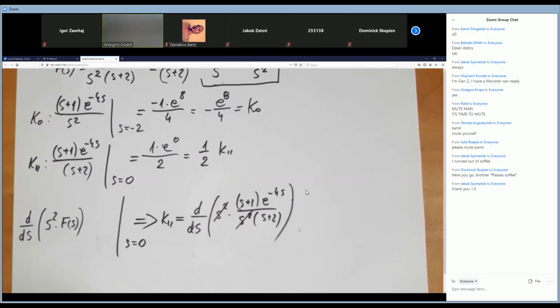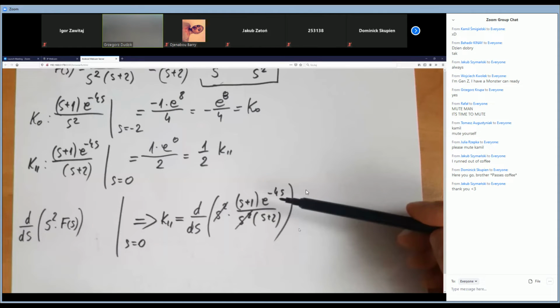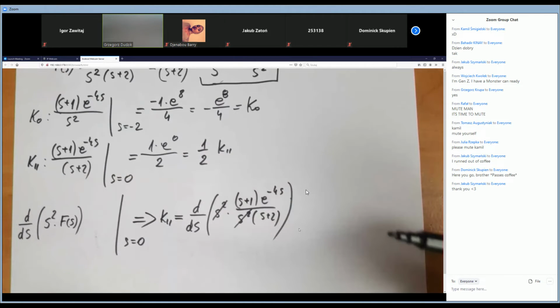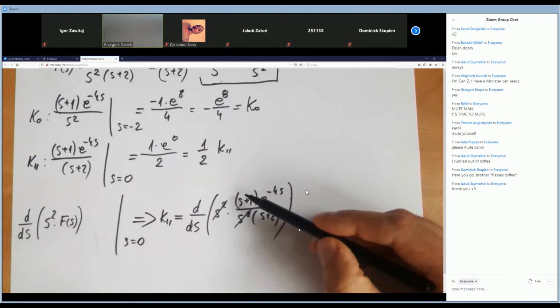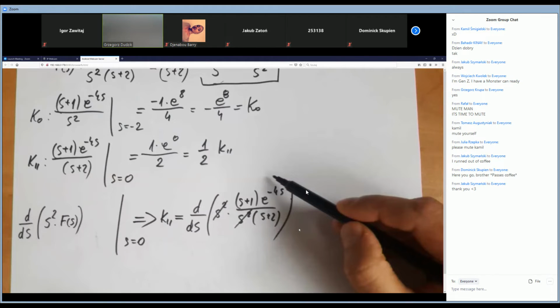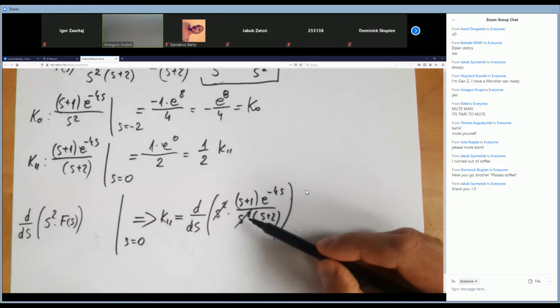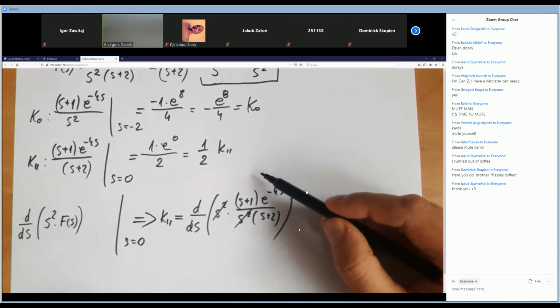Okay, what do we have here? Let's say that we've got two functions. In the numerator, we've got the first function, for example the f function, and here we've got the g function. As you see, f is divided by g.